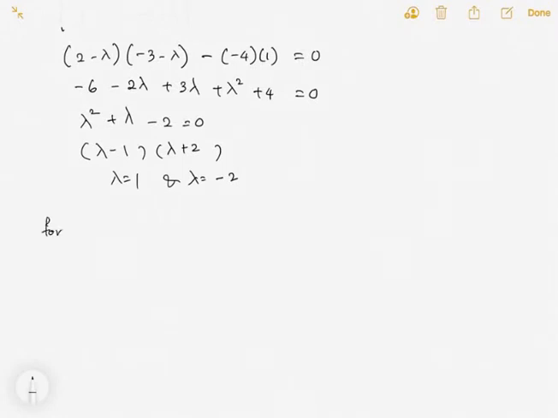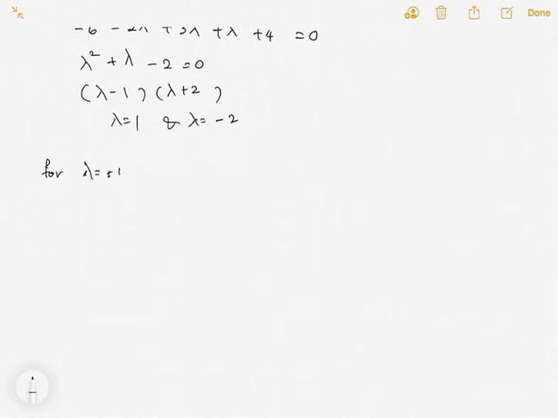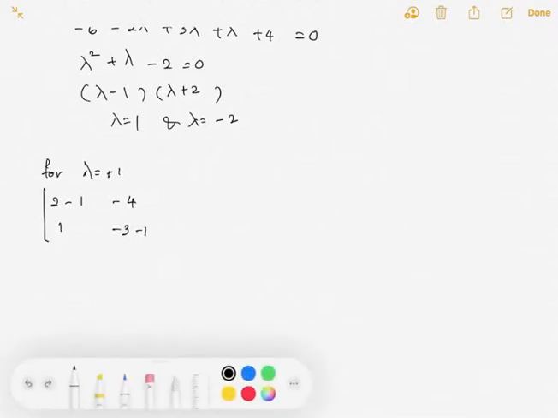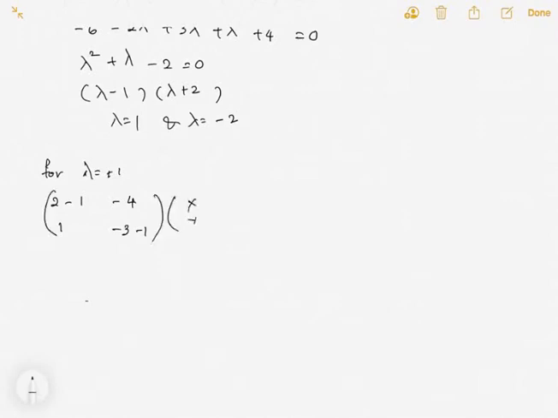For lambda equal to 1, you have 2 minus 1, -4, 1, -3 minus 1. So 2 minus 1 is 1.